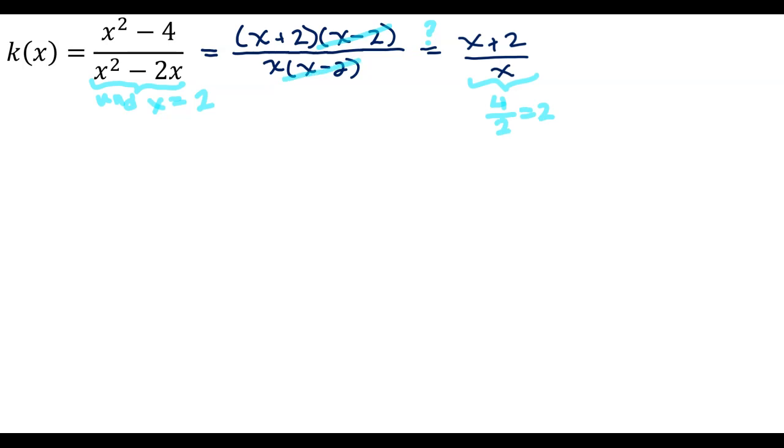Works just fine. Anything else you plug in, it's not going to matter whether you use the original form of this function or the middle factored version or the final version. So for example, if I plug in x equals 5, I'm going to get a 7 over 5, and a 3 over 3.